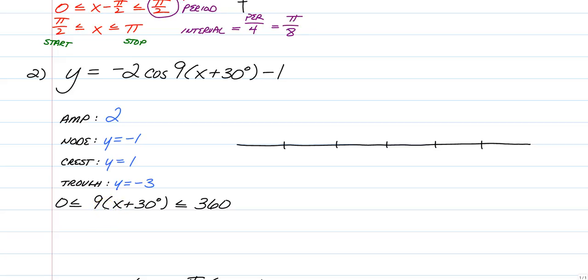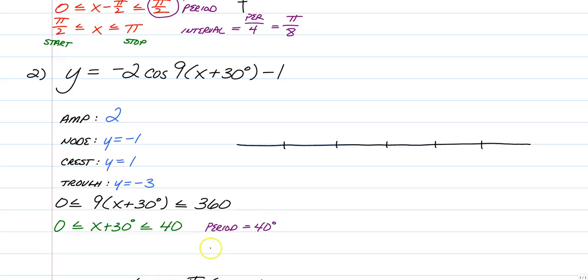So if we divide by 9 here, we're going to have 0 is less than or equal to x plus 30 degrees, which is less than or equal to 360 divided by 9, which should give us 40. Now, you have to remember this, when you're 0 to something, that is your period. So your period is equal to 40 degrees.